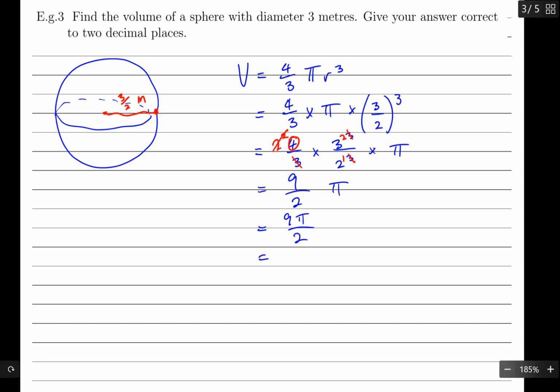Now if you pick up your calculator and type in 9 times pi divided by 2, that's going to work out to be about 14.1371, something or other. Which will, what do we want? 2 decimal places, so that's going to be 14.14, and we've got volume here, and we're in meters, so that's meters cubed.